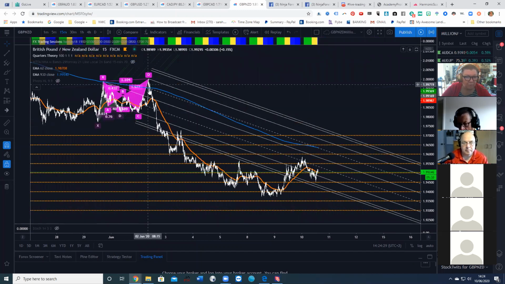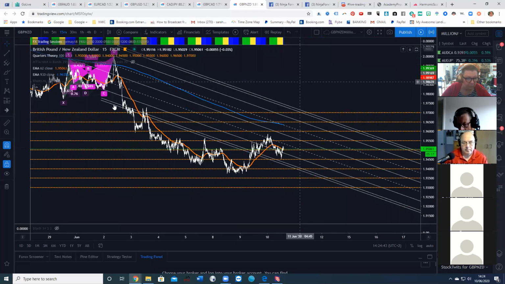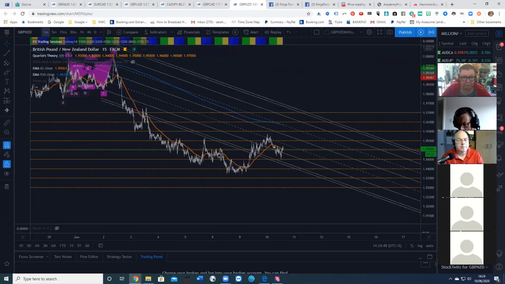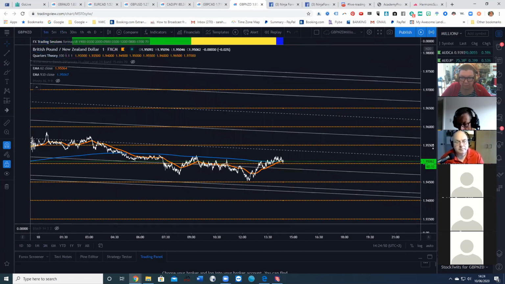So off the D point, it completed the scan, stalled out along the extensions, dropped right down, dropped even further, and it's now coming back into this scan from the 2nd of June. And let's see where we are with it.